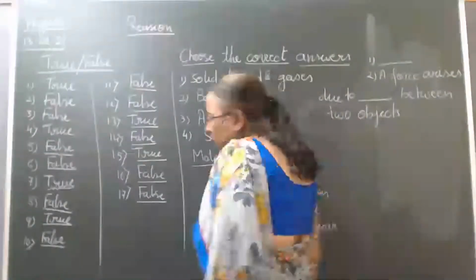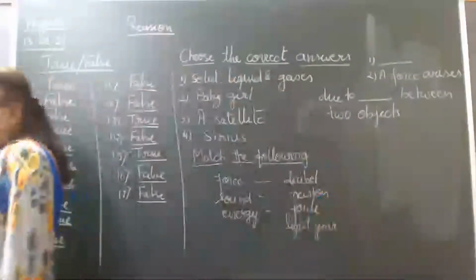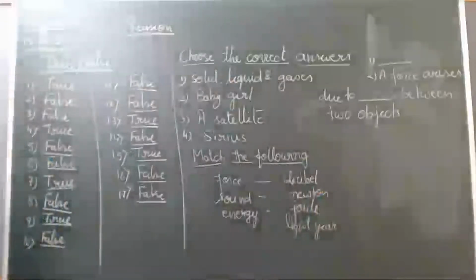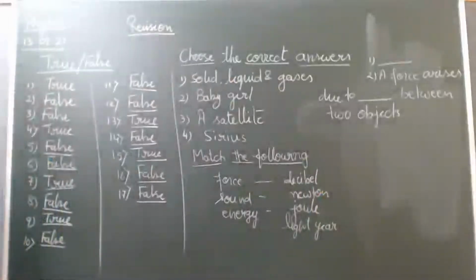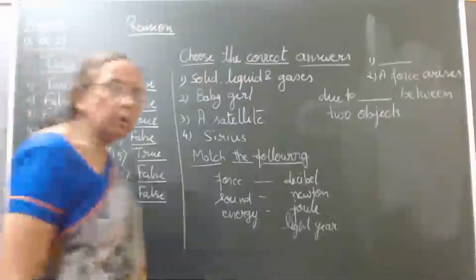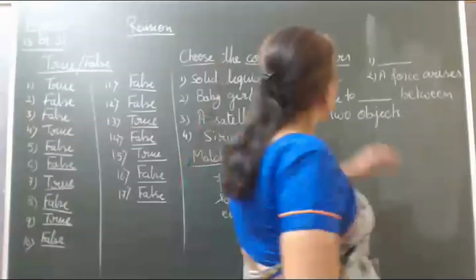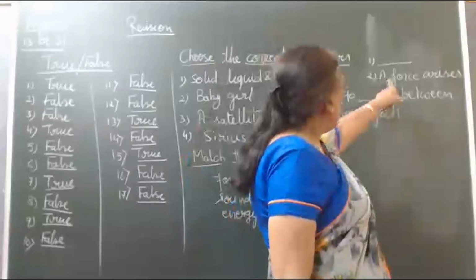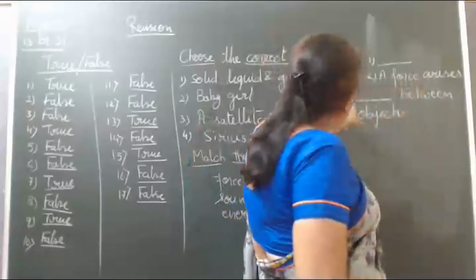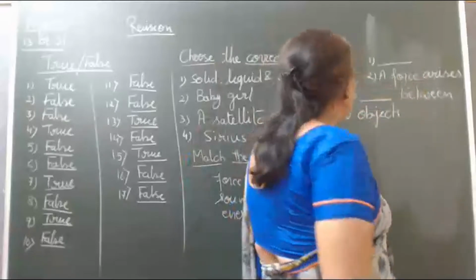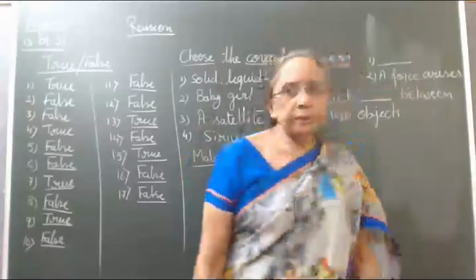Just like I said, if the two objects are kept separately, nothing changes you will observe, because both the things are not touched to each other. But if they interact, then only you observe the change. So here you can write: a force arises due to interaction between the two objects.